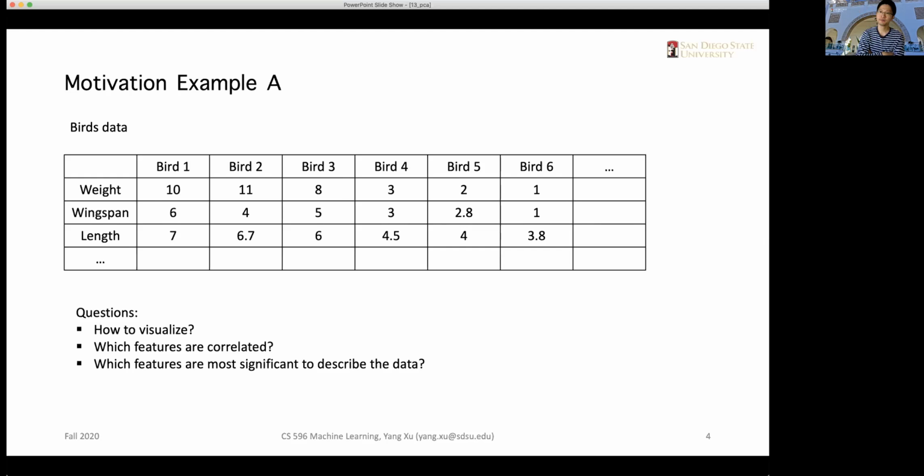Given a bunch of bird data points, several questions can easily arise, like how we visualize the data and which features are correlated. We have weight and length. Intuitively speaking, if the bird is longer, then it tends to have a larger wingspan, and it also tends to be heavier in weight. So these features shown here have a collinearity issue.